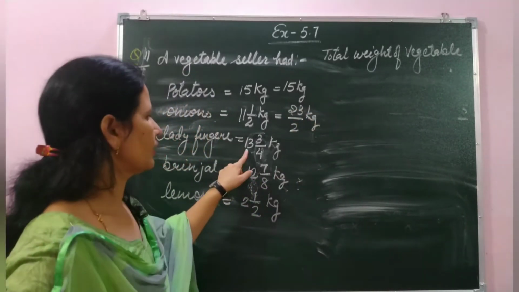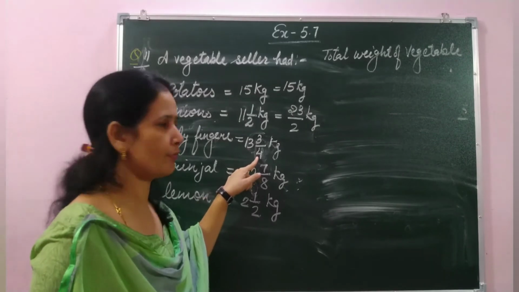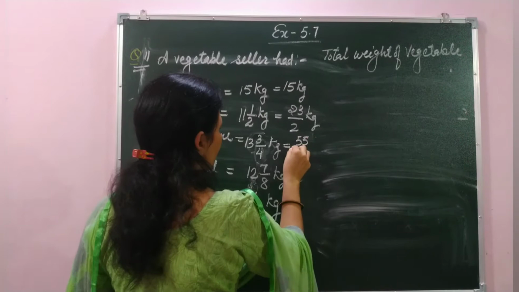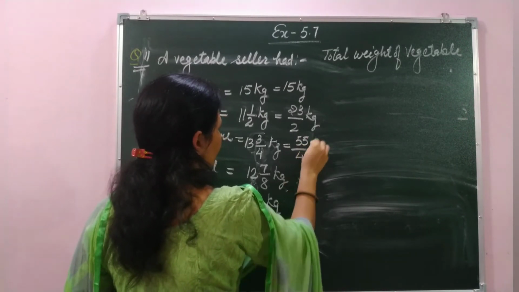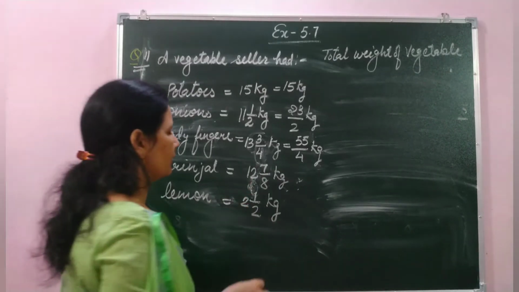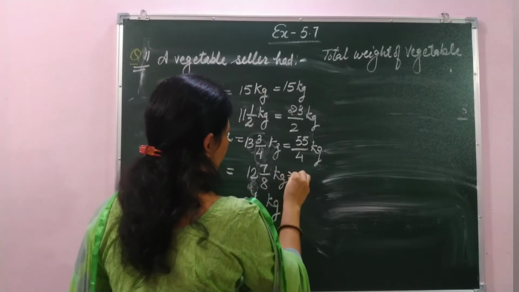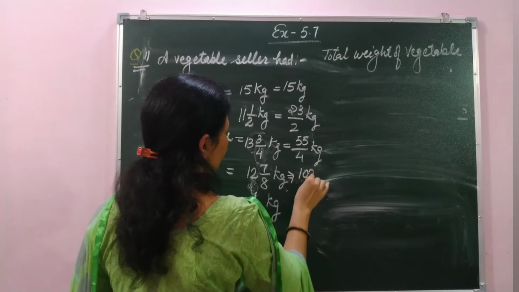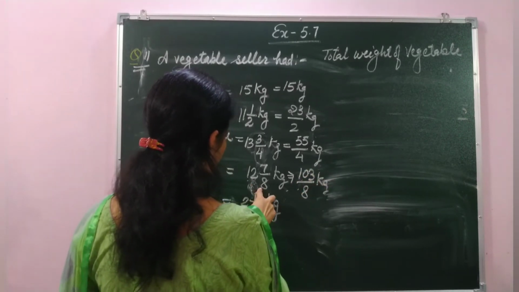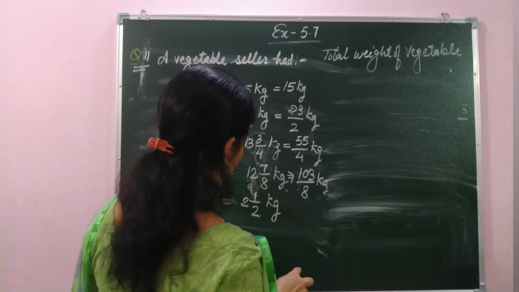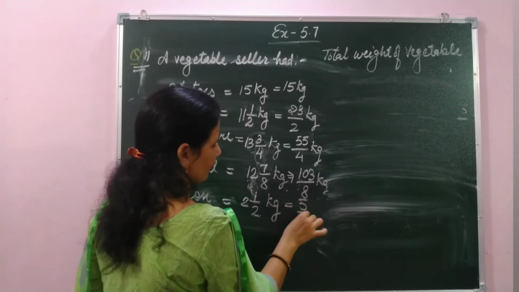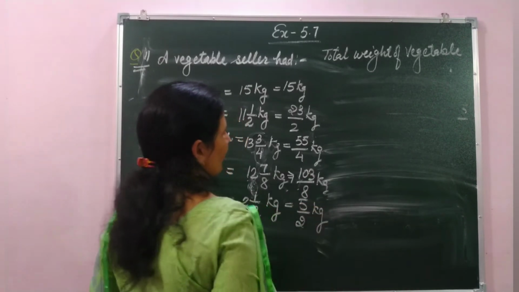Then 13 3/4: 13 4s are 52, 52 plus 3 is 55. Okay, and here 12 7/8: 12 8s are 96, 96 plus 7 is 103/8. Let me check again. Yes, correct. Then 2 1/2: 2 2s are 4 plus 1 is 5, so 5/2 kg.